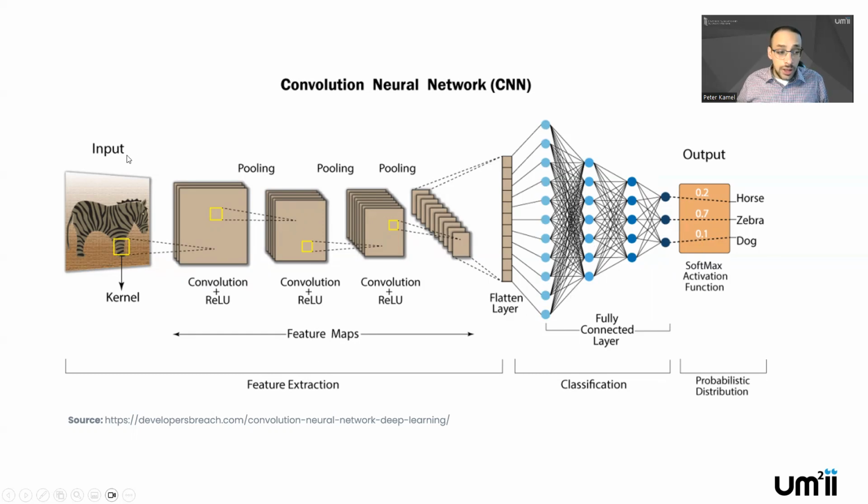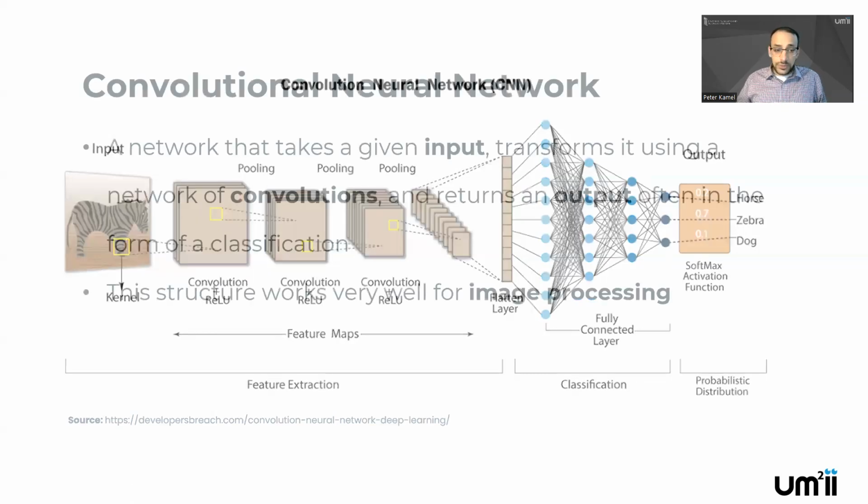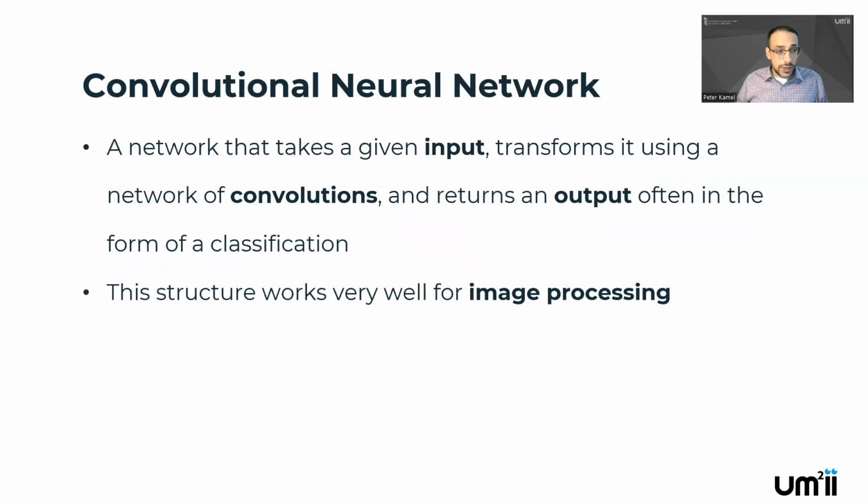So input, kernel, producing lots of different convolutions, often doing pooling operations in a network of structures to give us a final output, which may be a classification or a distribution or something that tells us the information that we want from the image.